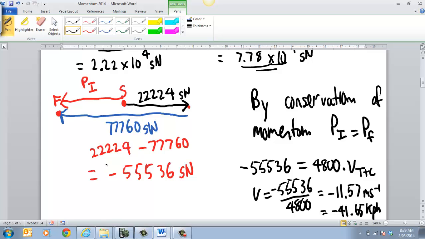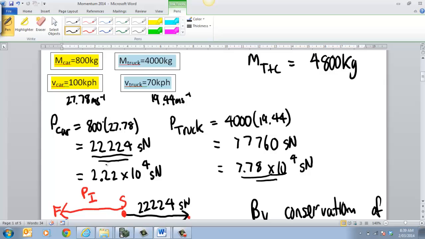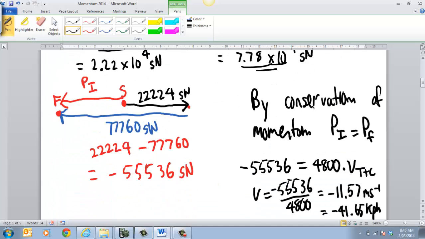Then we use the concept of momentum to say that after the collision, the truck and the car are going to have a combined mass of 4,800 kilograms. So the initial momentum of the system should be equal to the final momentum of the system.